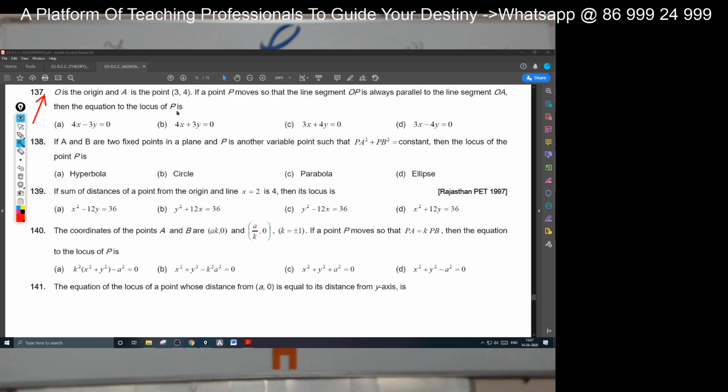O is the origin. I'm taking up the diagram here for your understanding.